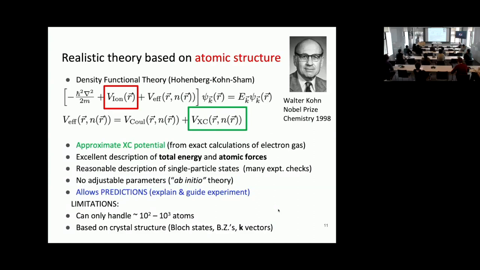So this is all within theoretical considerations, the so-called exchange correlation potential from exact calculations of the electron gas. So it does involve this kind of approximation, but it nevertheless is a totally ab initio type of approach. It allows us to calculate the total energy and atomic forces and have a realistic representation of the structure of the system.